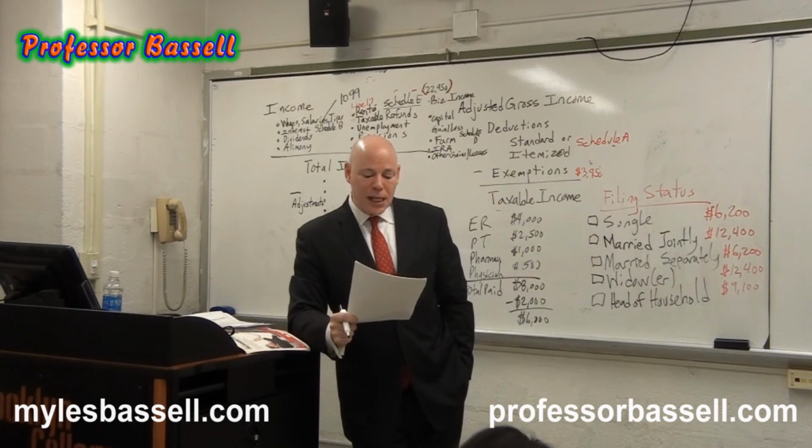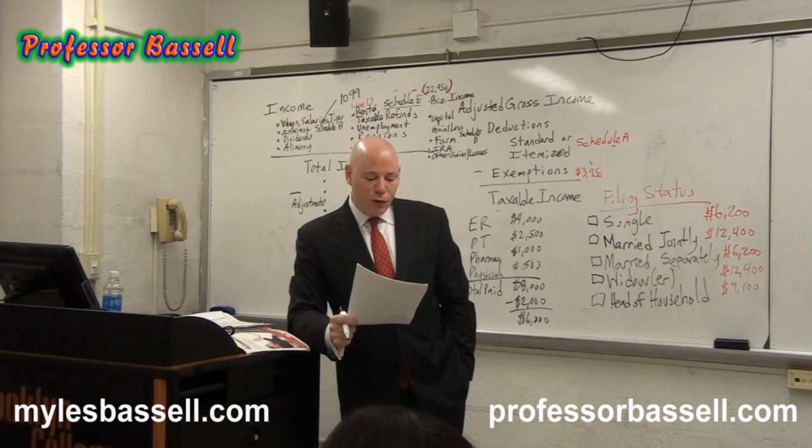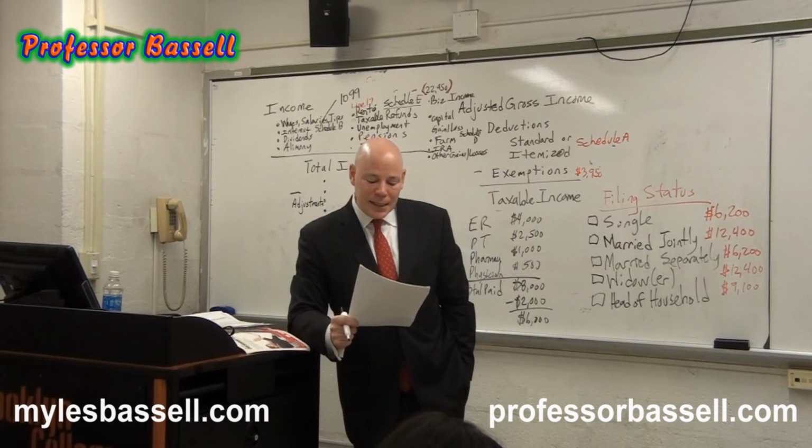Now the mortgage interest on the house that we live in, we could also deduct the interest that we paid. For the house that we live in, the mortgage interest that we paid on line 10 is $18,000.